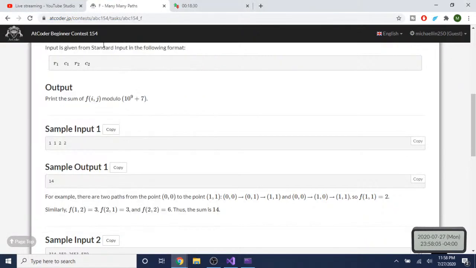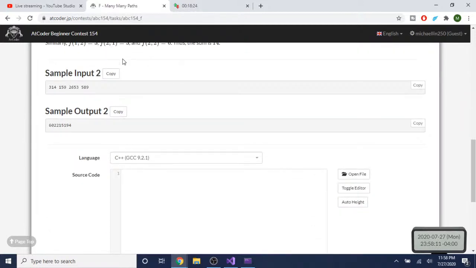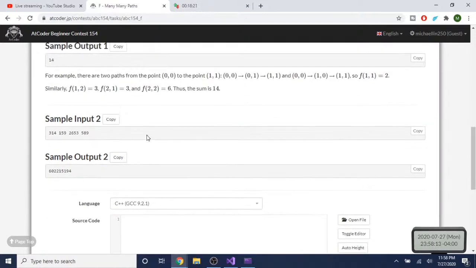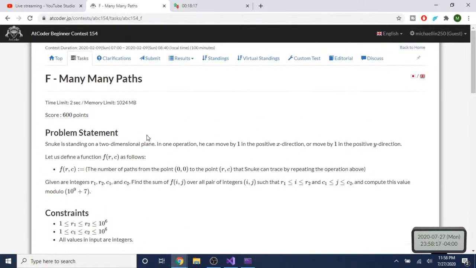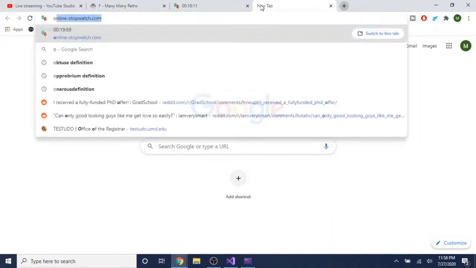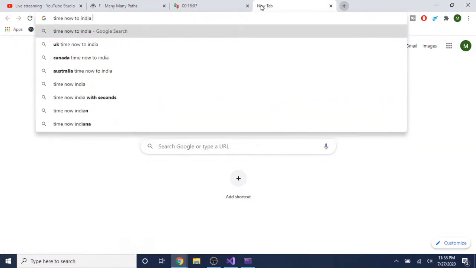We're going to solve this problem. I have a feeling we will solve this. If not, we have to try something. Okay, guys, we have to try something to solve this problem. Wait, what is the time in India right now?